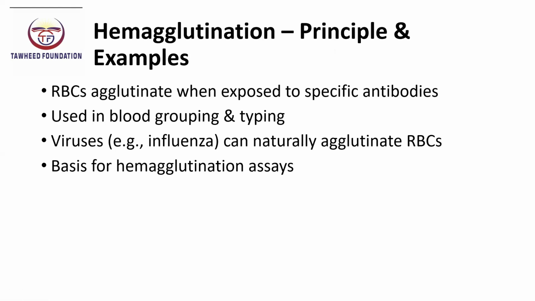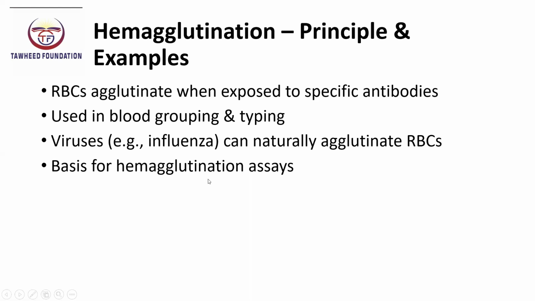Next is hemagglutination principle and example. Hemagglutination involves the clumping of red blood cells, RBCs, when exposed to specific antibodies or certain viruses. In this reaction, antibodies recognize and bind to antigens present on the surface of RBCs, cross-linking them to form visible clumps.